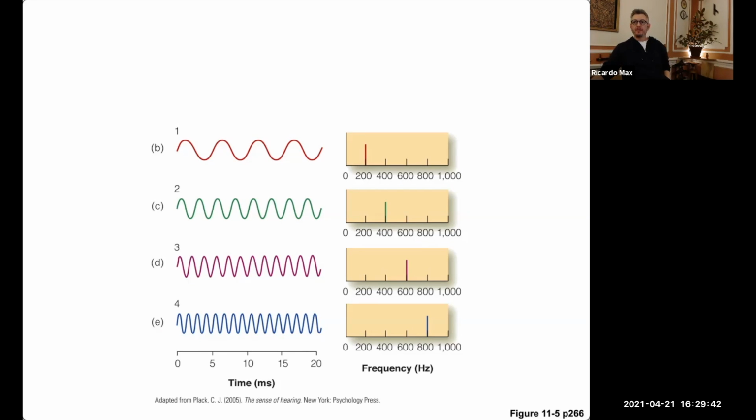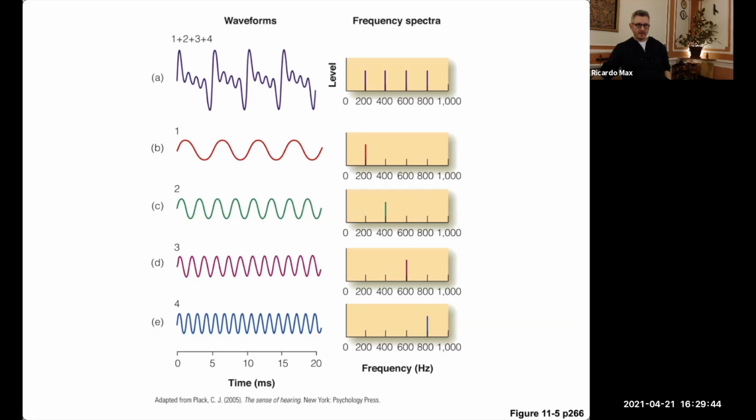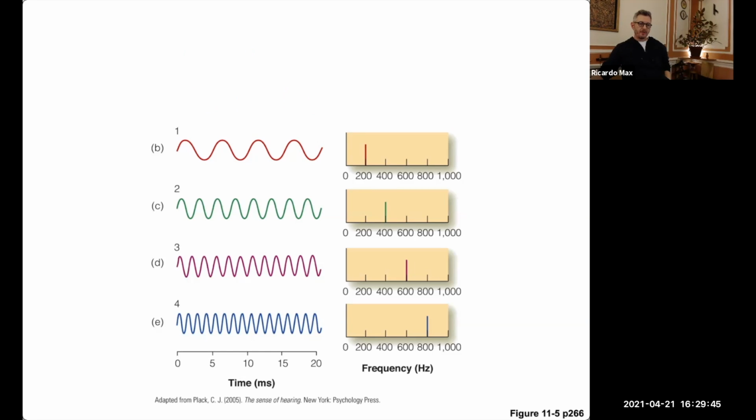So these are pure tones. This is the Fourier representation. These little fellows here are not the sound. This is the sound. These are ticks of the graph only. So this pure tone is 200 hertz, 400 hertz.